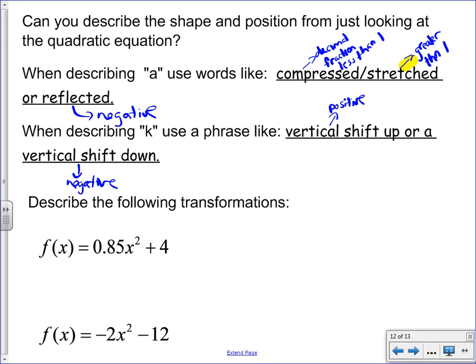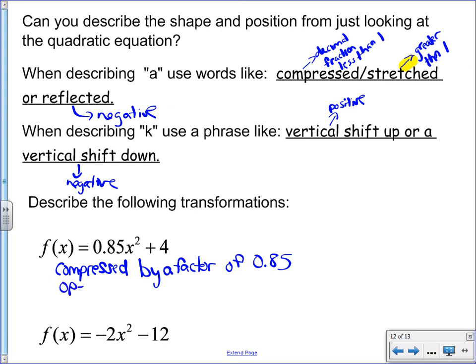So as an example of how you would describe this one without graphing it, 0.85, that is less than 1. So I say compressed by a factor of 0.85, because that decimal out in front is less than 1.